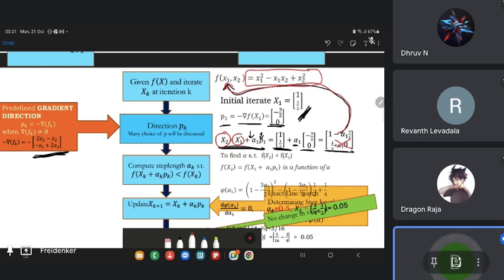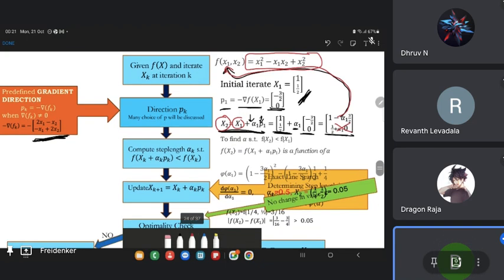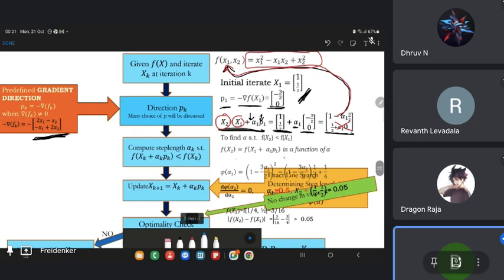I know x1 is in terms of alpha and x2 is 1 by 2. So finally you will get some function of alpha. F of X2 is some function of alpha, and that function is over here: 1 minus 3 alpha 1 by 2 whole squared minus whatever this is. After substituting, it's not visible here, but you can substitute it on your own and you will see.